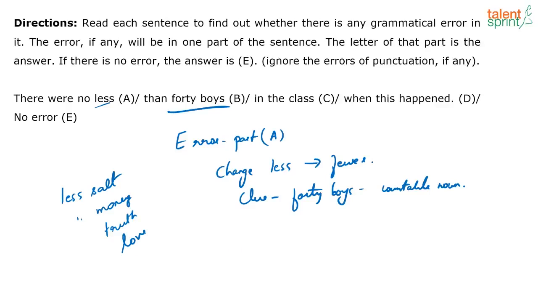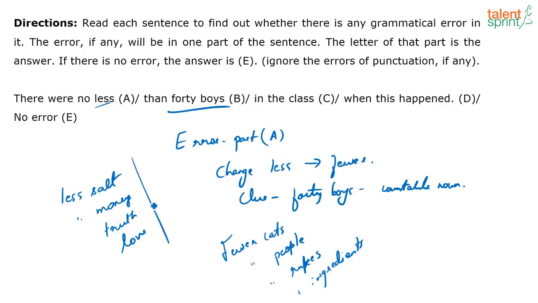But what I can say is fewer, anything that is countable: fewer cats, fewer people, fewer rupees, right? Anything that is countable. Fewer ingredients. Are you following? That's the difference between fewer and less.